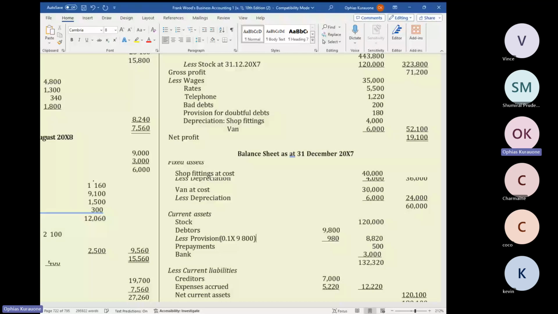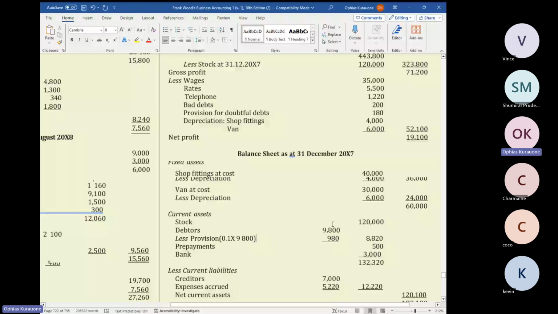Because there was a provision of 10%, our debtors decrease in value because we are using the prudence concept. Prudence concept states that we should not overvalue our assets and revenue, but in fact understate them. We don't overstate the value of our assets. That's why we're using the prudence concept here.